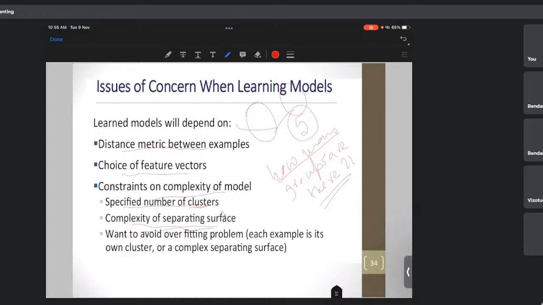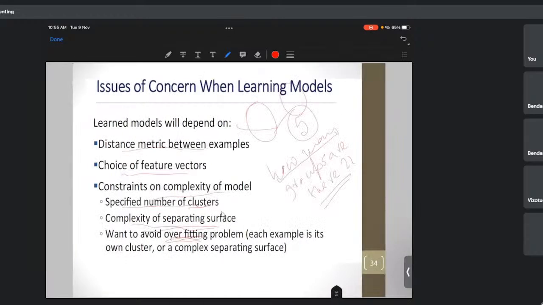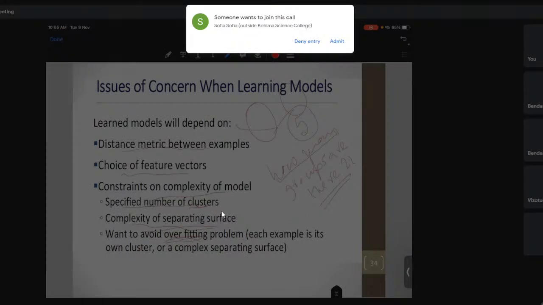And there is another issue of overfitting. So what is overfitting? Basically, we are considering more features than required. That is overfitting. And we consider more data points than we should actually consider.